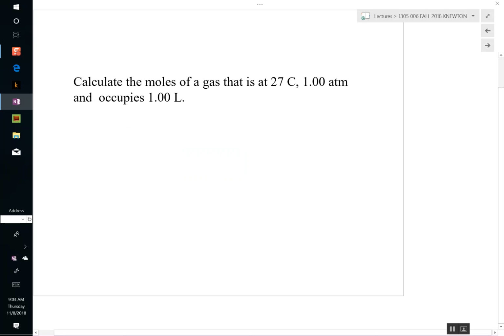All right, so now let's just read this and see if we could figure out that this is an ideal gas law problem. Calculate the moles of a gas that is at 27 degrees centigrade, 1 atmosphere, and occupies 1 liter.